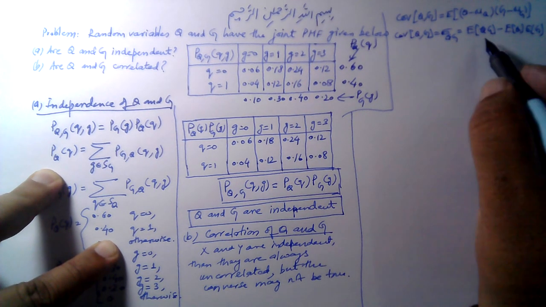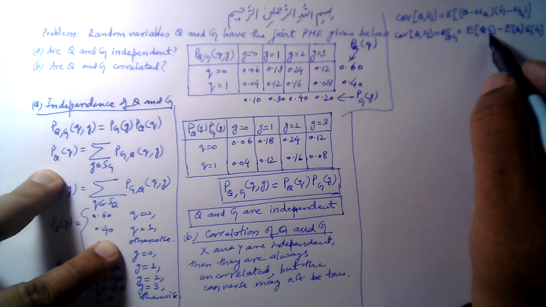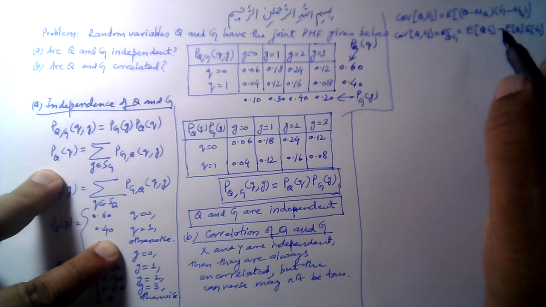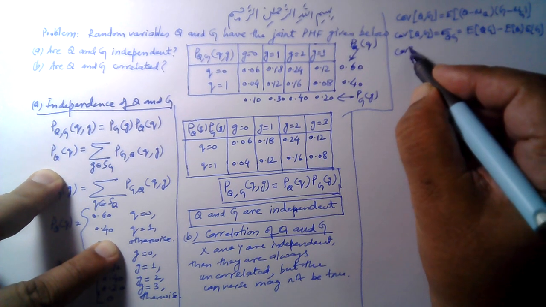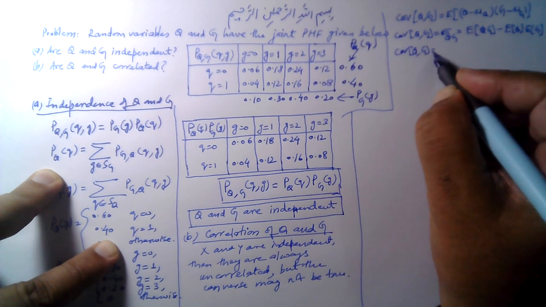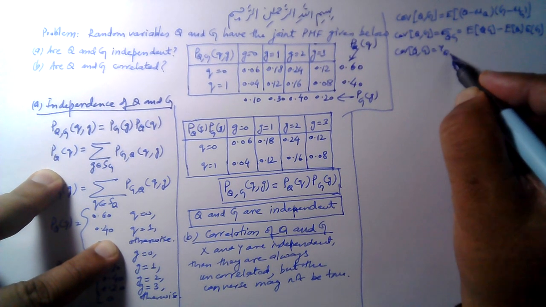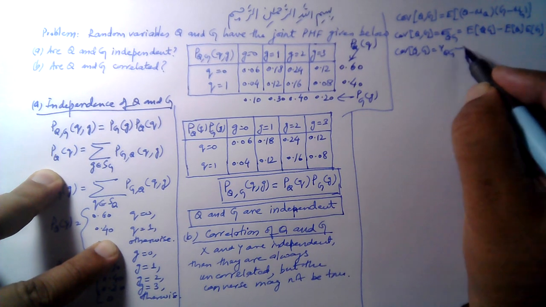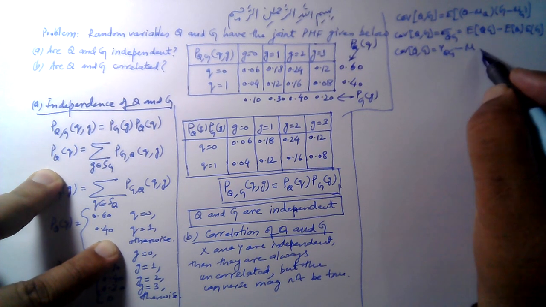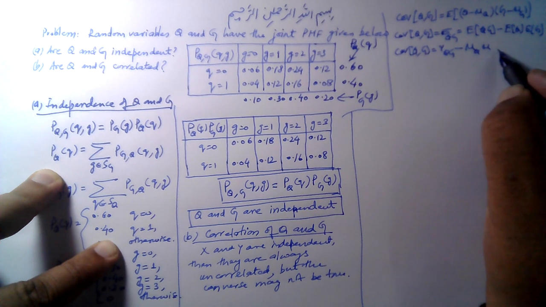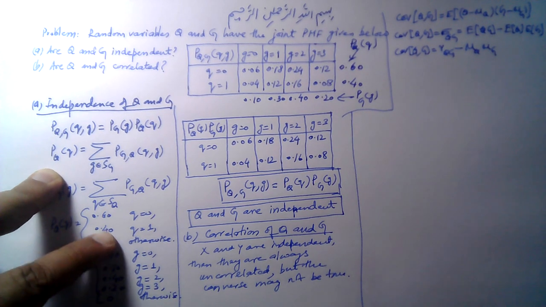And this expectation of QG is called the correlation of Q and G also. So covariance of Q, G is the expectation of QG minus the product of the expected value of Q and the expected value of G.